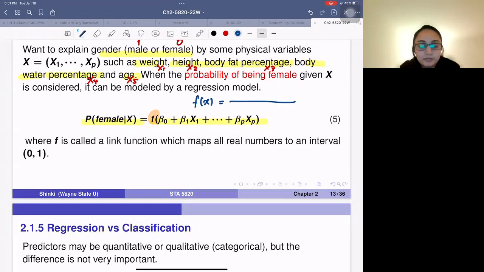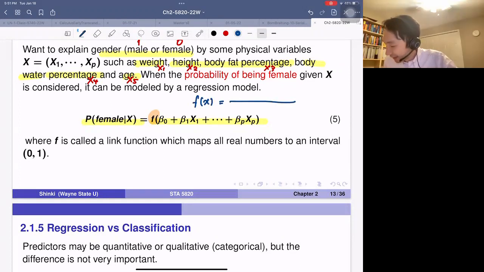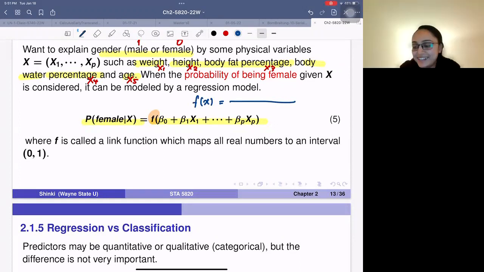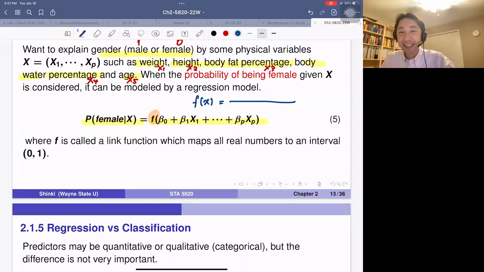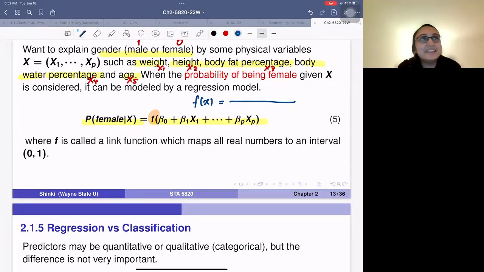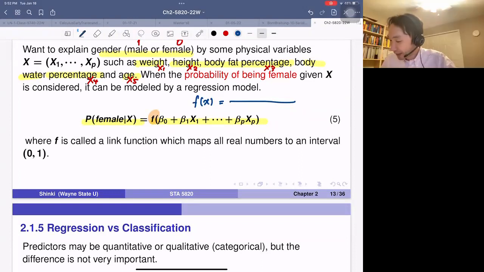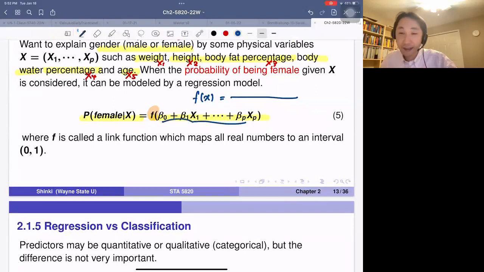Hint, some fraction. I don't remember. I think it's predictors. Yeah, the predictors, so we have beta naught to beta p x p. So we have a linear function, right?